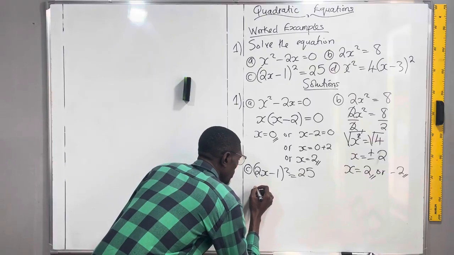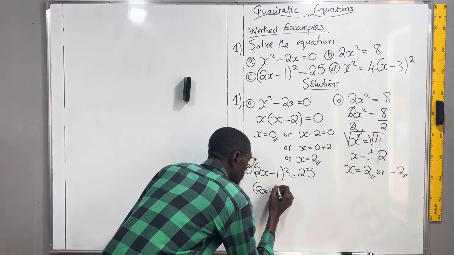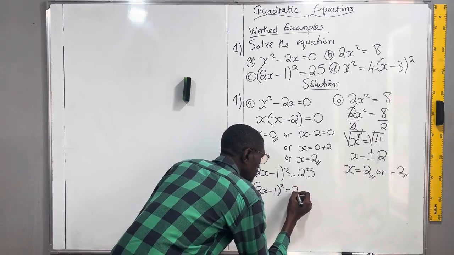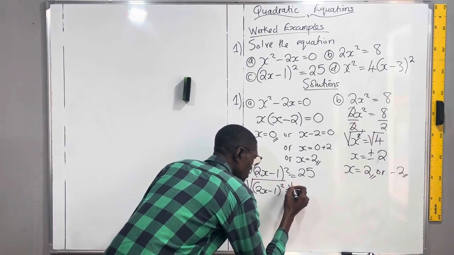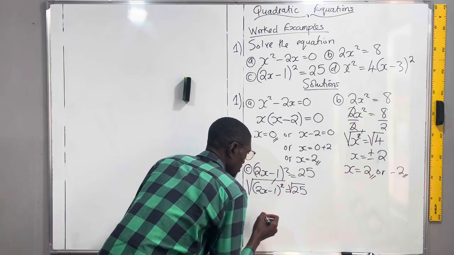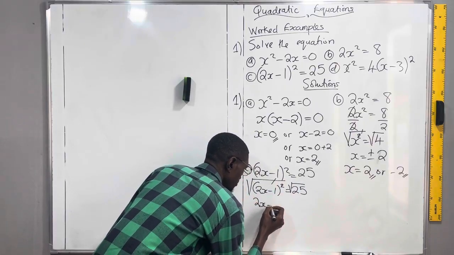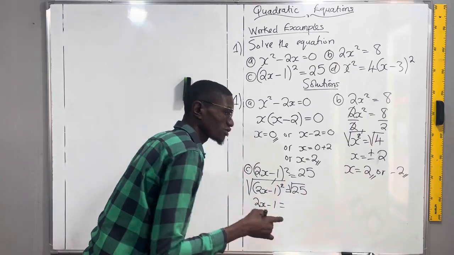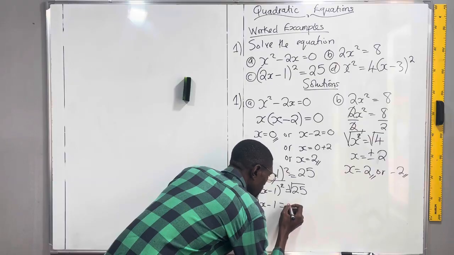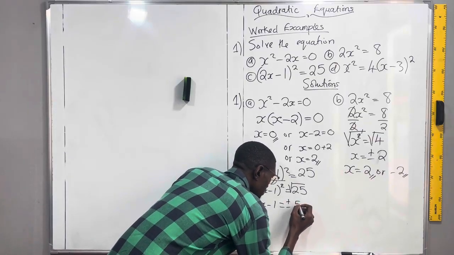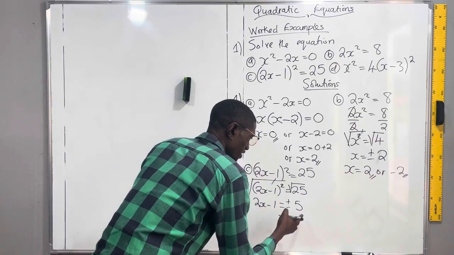So we're going to have (2x minus 1) squared is equal to 25. We square root here and square root there, so that this and this cancel, and we just remain with 2x minus 1. Now remember, whenever you square root a value, you have to find two values. So we're going to have plus or minus 5. The square root of 25 is 5.